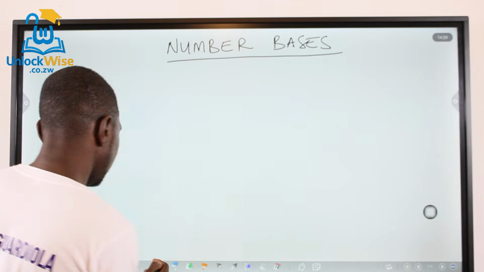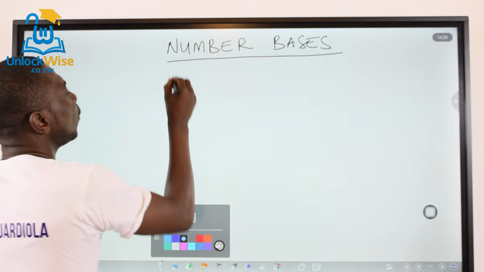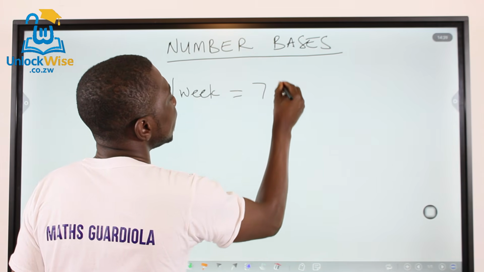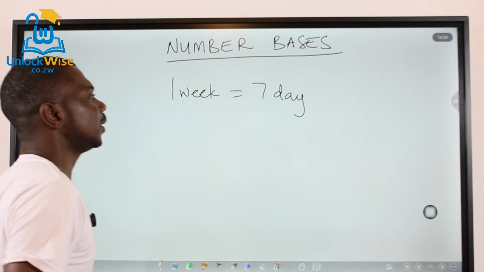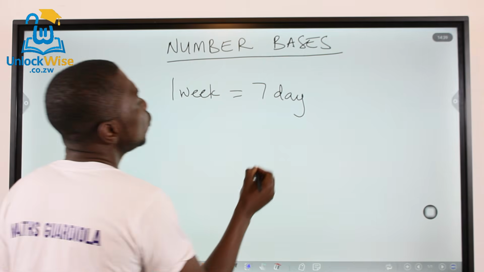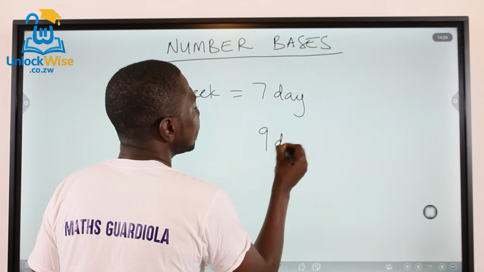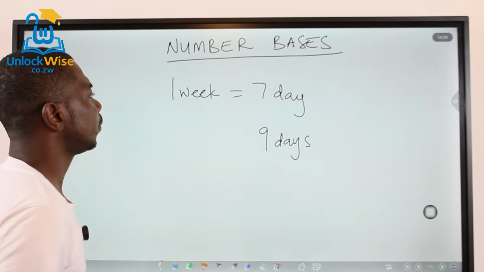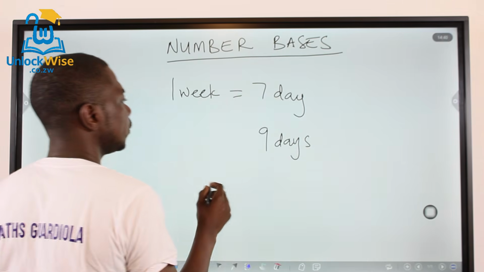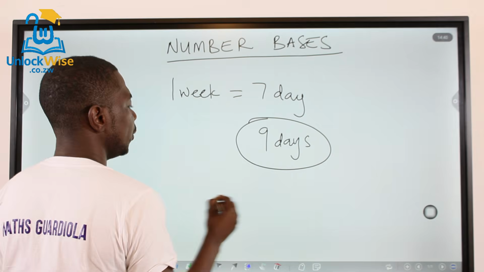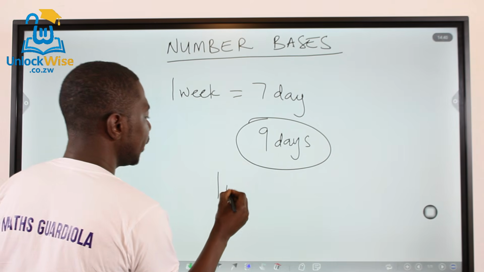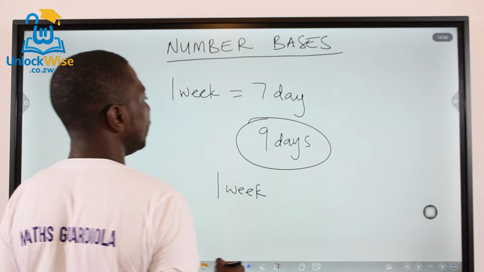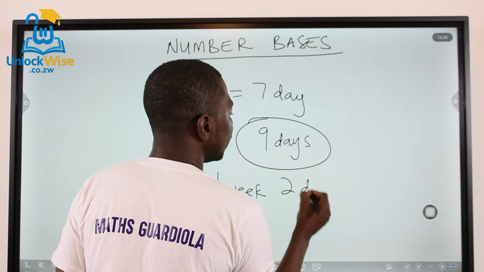Okay, let me highlight this. 1 week equals 7 days. And if we get to maybe 9 days, we will have to remove the 7 days from this. And we will say we have 1 week and 2 days.